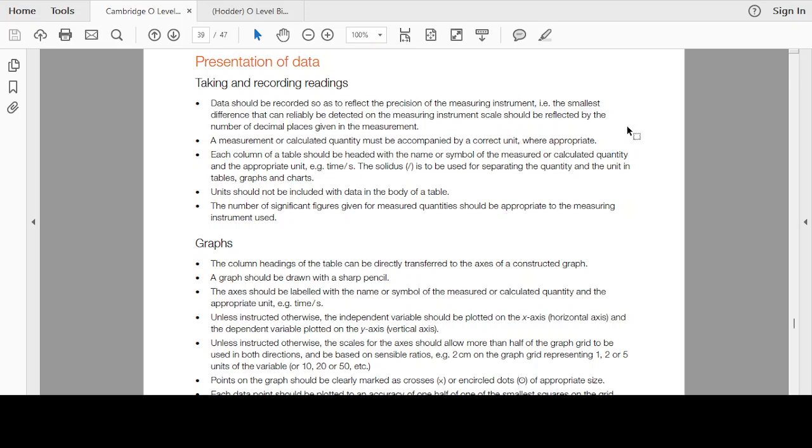If you're writing the length of something and you write down 63.7 and you don't write centimeter, for example, that means nothing. 63.7 watts, 63.7 kilos, 63.7 meters or centimeters, 63.7 seconds. It could be anything, and therefore, without a unit, your number means nothing. And so you need a proper or correct unit where appropriate. There are certain cases where you don't need a unit, such as the gradient, for example.